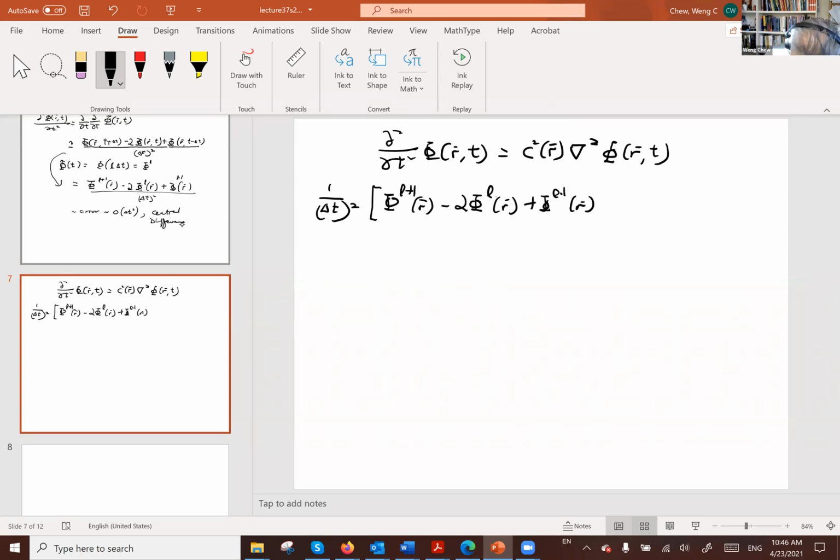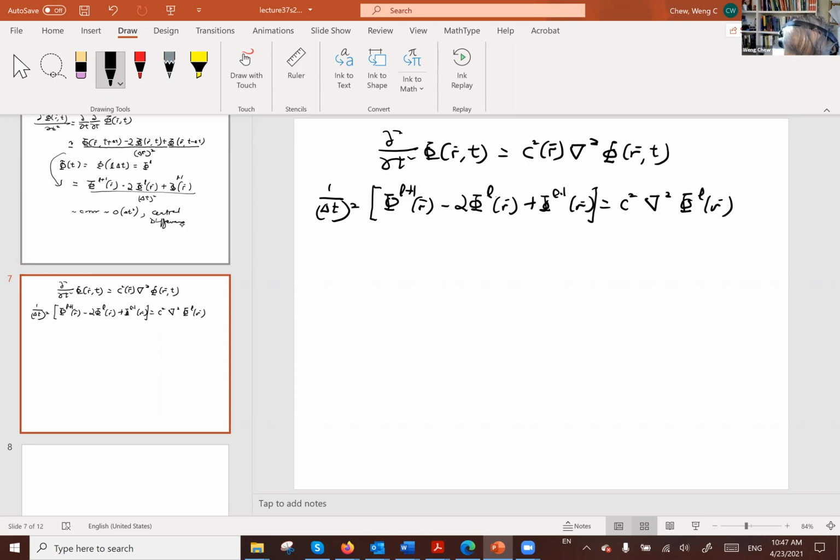And then that will be equal to c squared times this phi L at r.